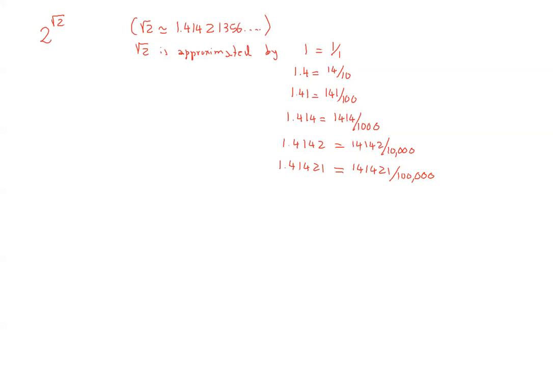And I can compute, again, with the help of a calculator. So 2 to the first, of course, is 2. I don't need a calculator for this. How much is 2 to the 14 over 10? This is where I'm going to use my computer. In fact, the funny thing is you can even do a Google search. And it turns out that 2 to the 14 over 10 is 2.63901, and it continues.